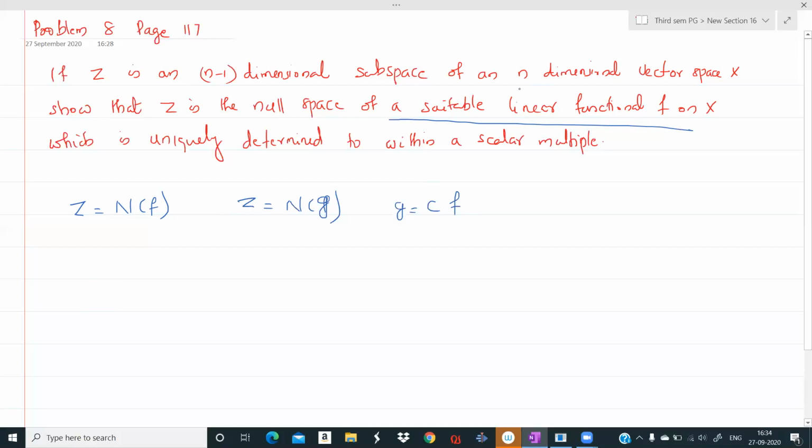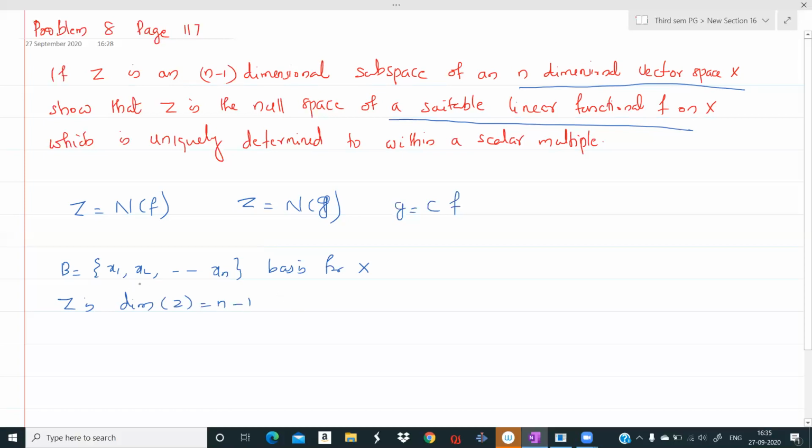It is given that capital X is an n-dimensional vector space. So let B equal x1, x2, etc., xn be a basis for capital X. And it is given that Z is an n-1 dimensional subspace of capital X. Z is of dimension n-1.